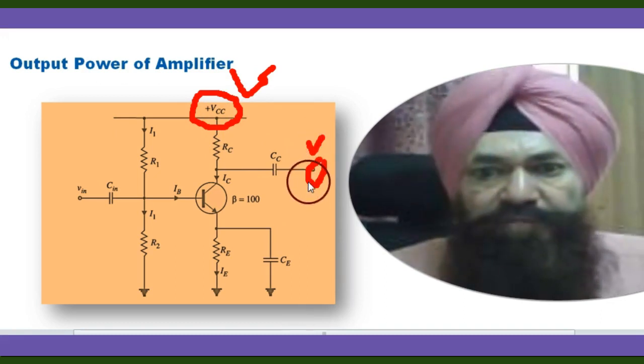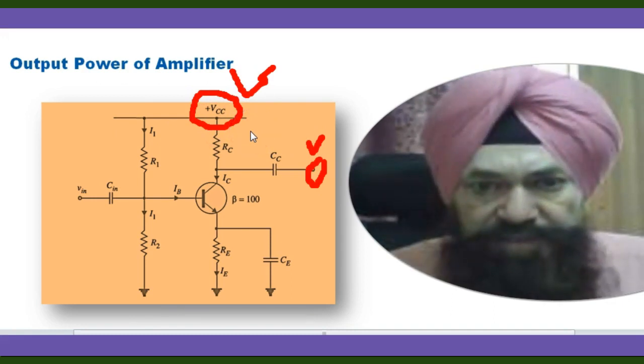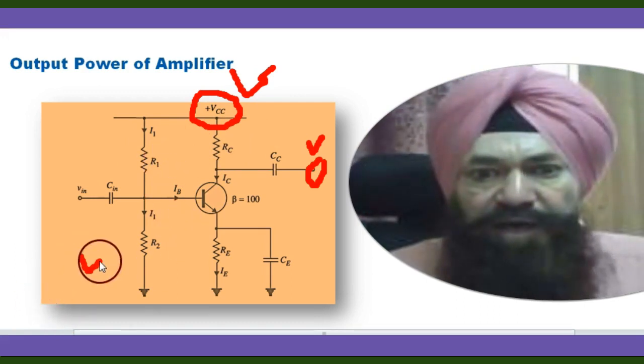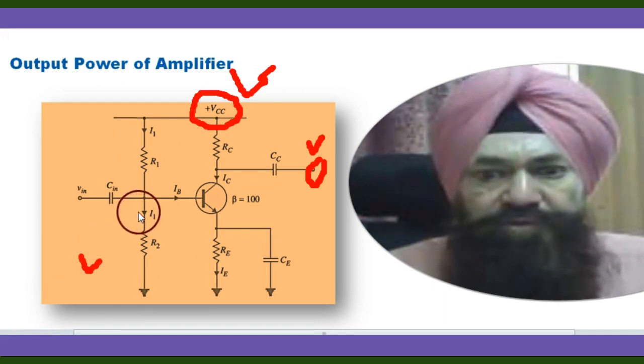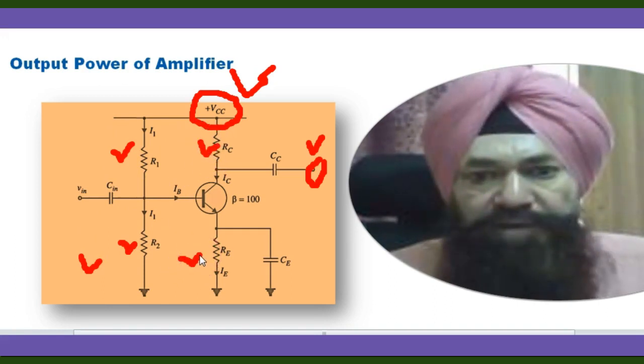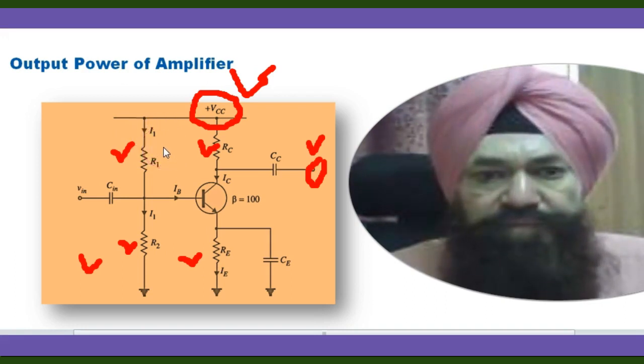The output power is always less than the input power because losses occur in the various resistors present in the circuit. For example, consider this RC coupled amplifier with resistors R1, R2, RC and RE. There will be losses given by the formula I squared R. Whatever current flows, like I1 squared multiplied by R1, is the heat loss at R1.